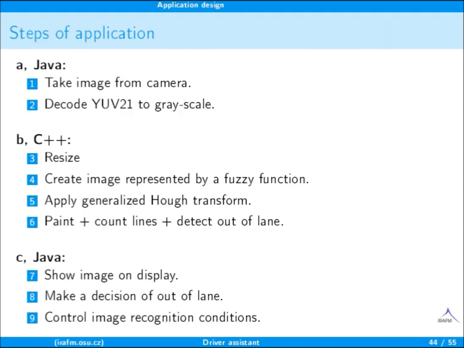The detected lines on the road are painted in the sixth step. The output is returned back to the Java part, and using the SDK we display it in the seventh step. In the eighth step, we make a decision if we are crossing a line. From the decision, we can adaptively modify the threshold in the ninth step. After that, we repeat the algorithm in a loop.